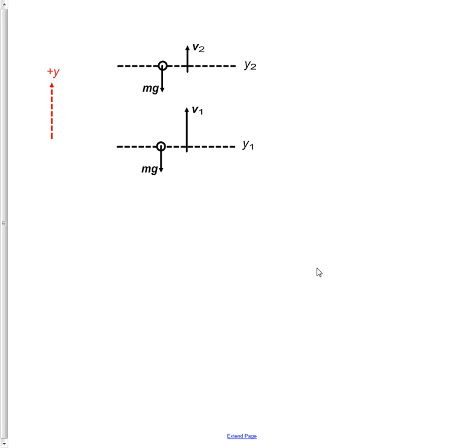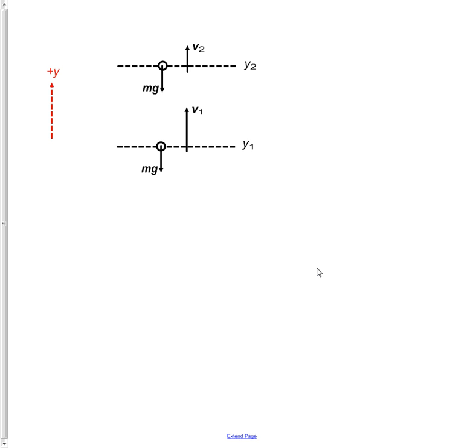But it starts off at some earlier time at a position y1, and it ends up at a later time at some position y2. The choice of coordinate system here is positive y up.